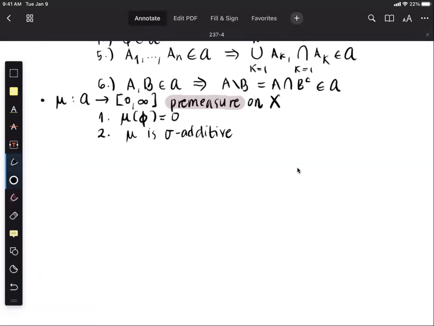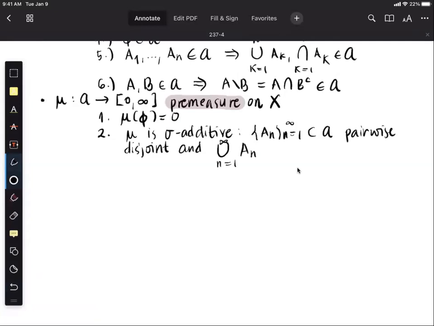By this, we mean that if you have a countable collection of elements in the algebra which is pairwise disjoint, and at the same time the union is also in the algebra, then, take note that we need to postulate this since we are not guaranteed that the countable union of elements in the algebra is in the algebra.